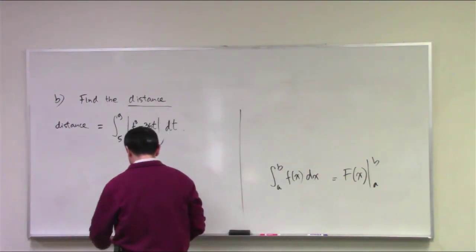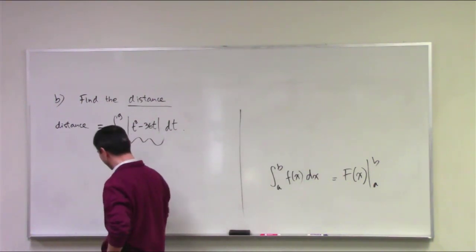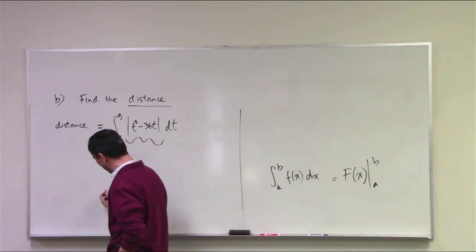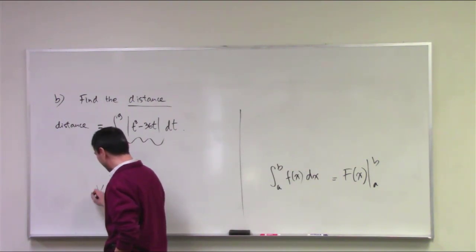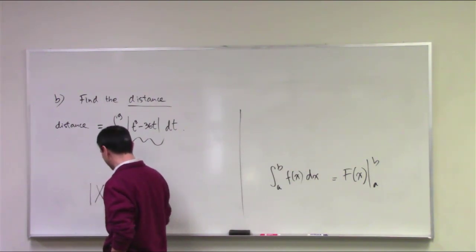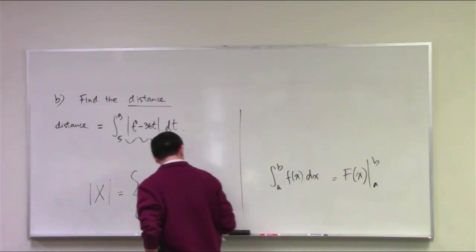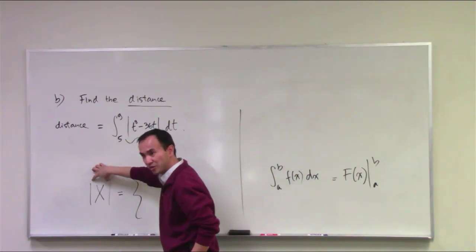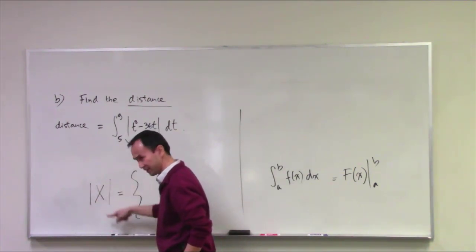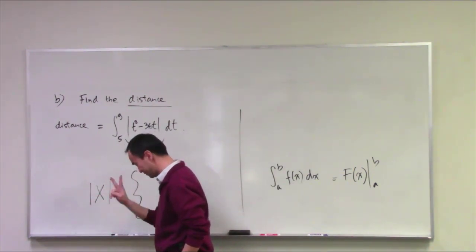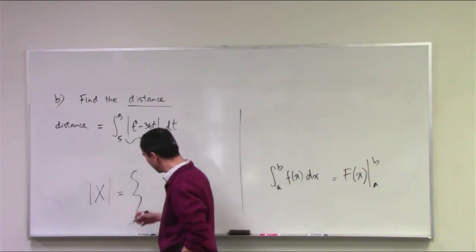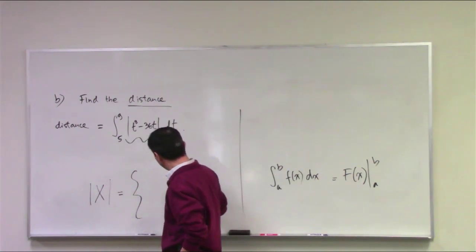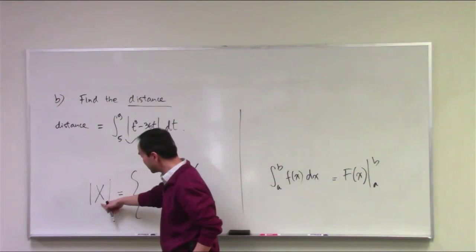Algebraically, I want to bring up another algebra property that is easy to understand, but I have to keep reminding you because it fades away. Anytime you have an absolute value expression and you want to get rid of the absolute value, you have to follow this rule. Let x be the expression inside your absolute value.